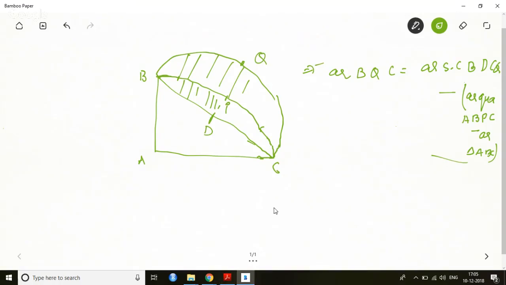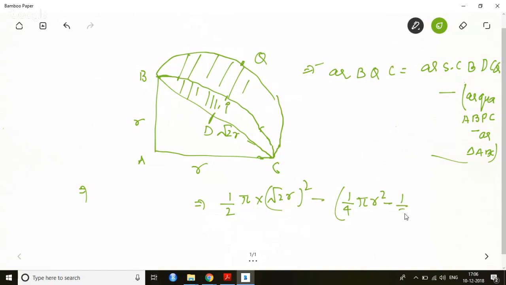So what do I get? Suppose this is radius R, this is radius R, so this is root 2 R. So the area of the semicircle would be 1 by 2 pi root 2R square, minus the area of the quadrant, 1 by 4 pi R square, minus the area of this triangle, 1 by 2 into R square.